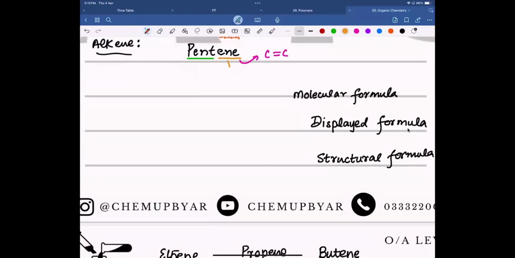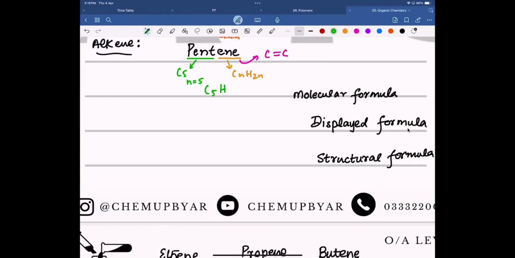Two, the general formula is CnH2n. And pent means there are five carbons, so the value of n would be 5. So for the molecular formula, we get C5, and H is 2n, so H10.